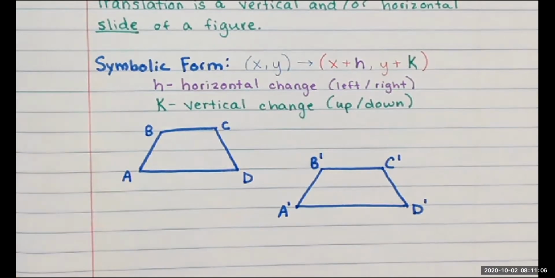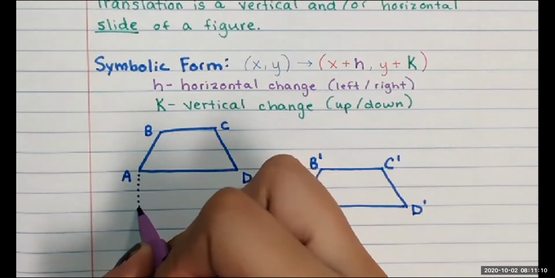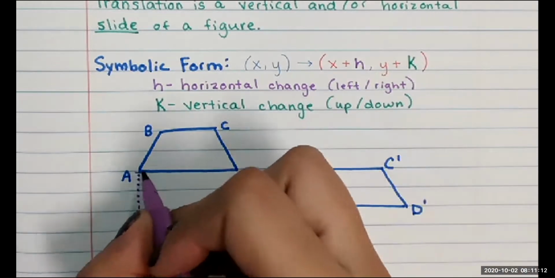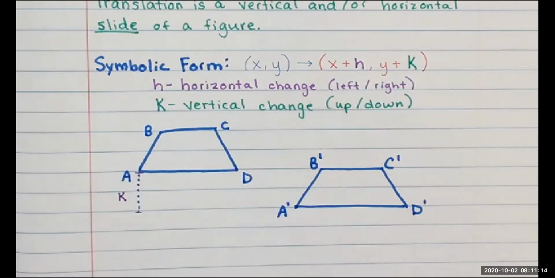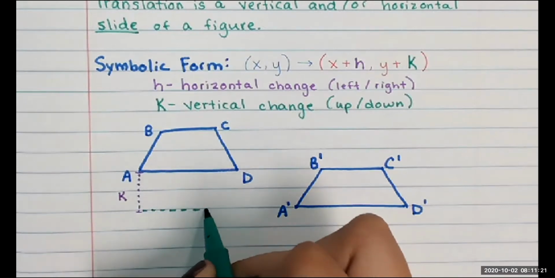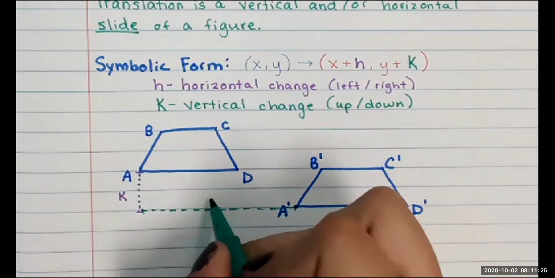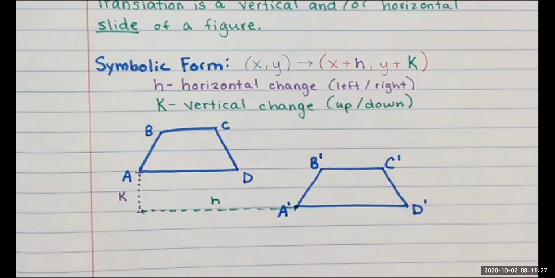So there's a horizontal and a vertical change happening. So this would be your K. And then counting all the way across you would have your H.